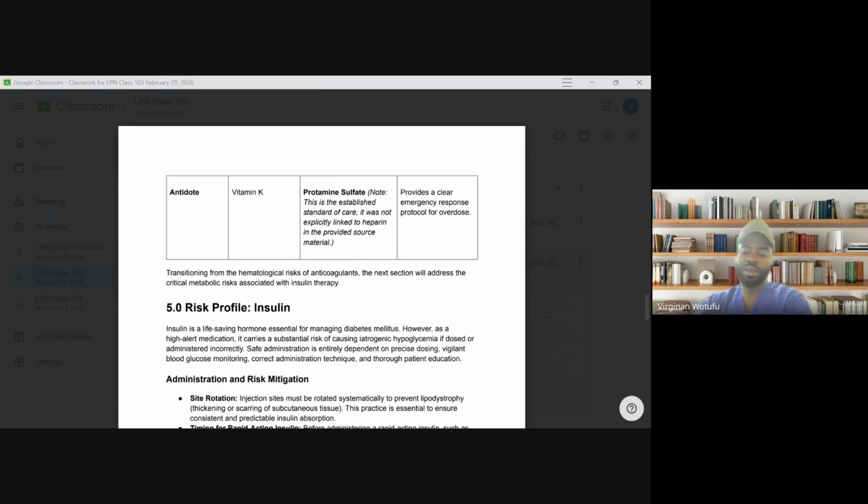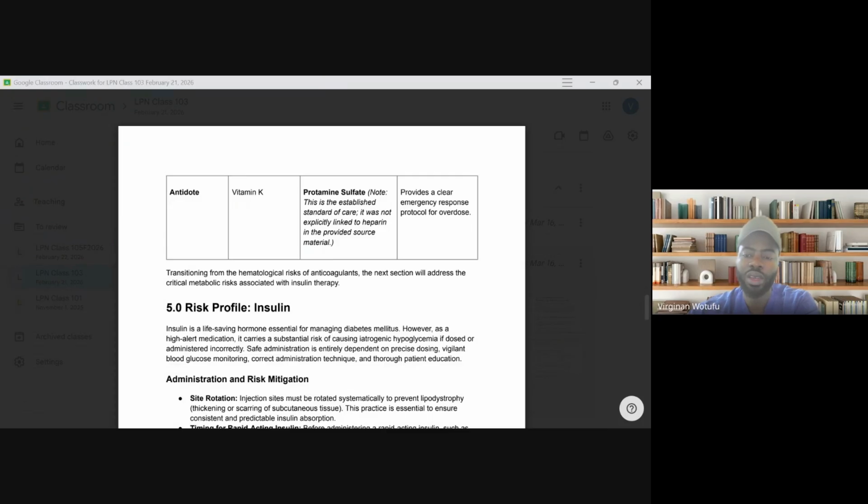Looking at rapid-acting insulin like insulin Lispro, right? We need to pay attention to the onset, the duration, and the peak. All this information helps us understand when to administer a medication, right?